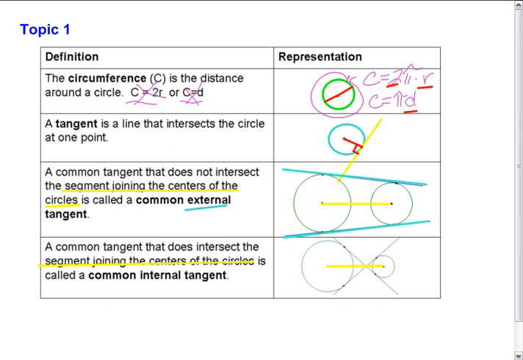And then if we draw our blue lines, tangent to tangent, now this time it does intersect that yellow line. This one does intersect that yellow line, so those are called common internal tangents. External does not intersect, internal does intersect.